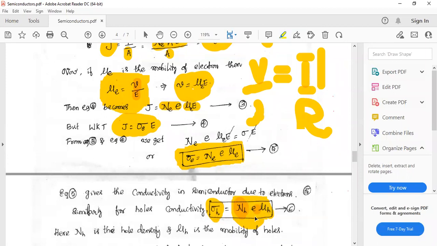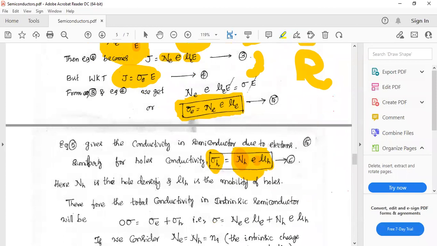Now, in an intrinsic semiconductor, the conductivity sigma is due to both electrons and holes. Therefore, the conductivity sigma can be written as N_e e mu_e plus N_h e mu_h. This is the sum of conductivity due to holes and conductivity due to electrons.